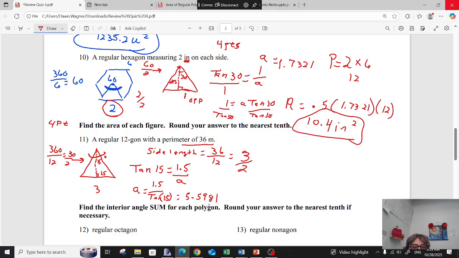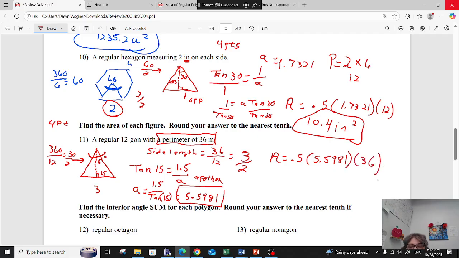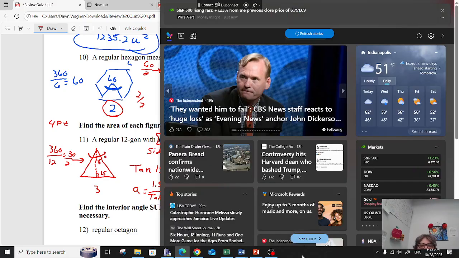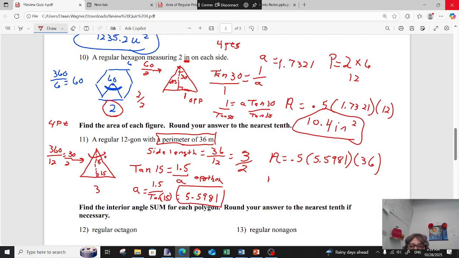Now I'm going to substitute. Do I have everything? I have perimeter. Here's perimeter. I have apothem. Here's apothem. Right? So area equals 0.5 times apothem times perimeter, which perimeter was already given to us. What is it?